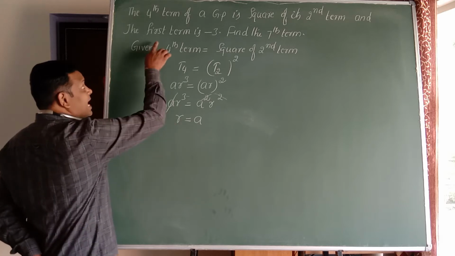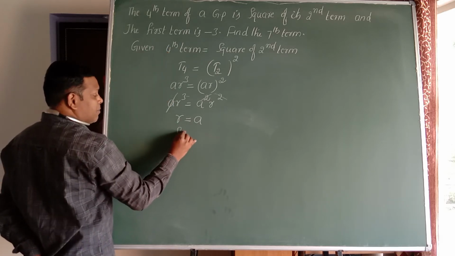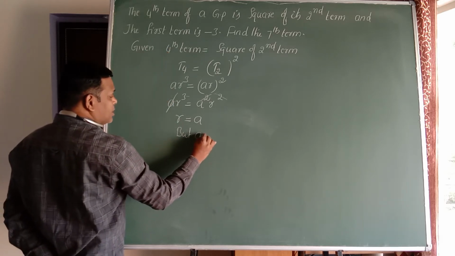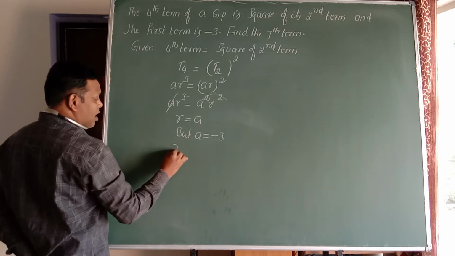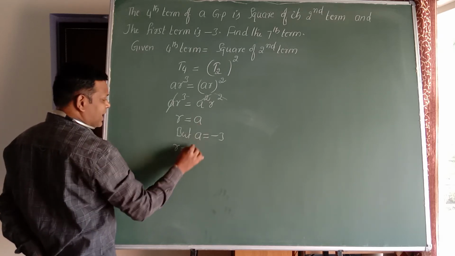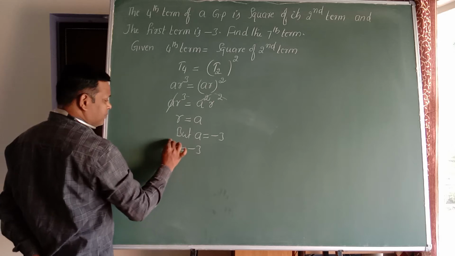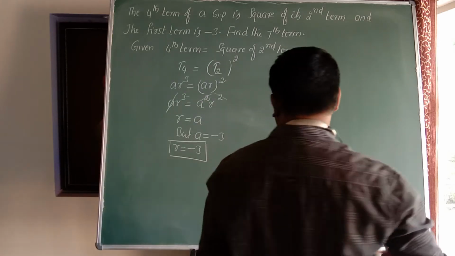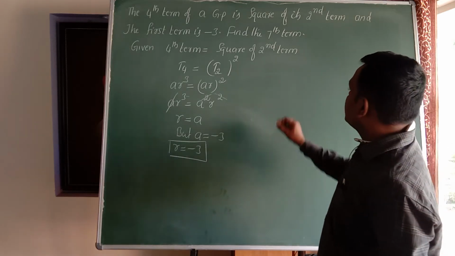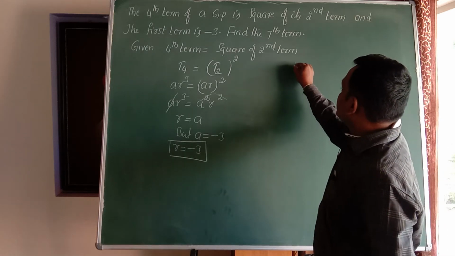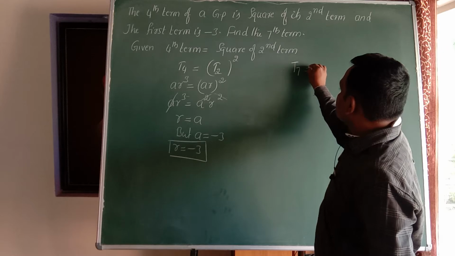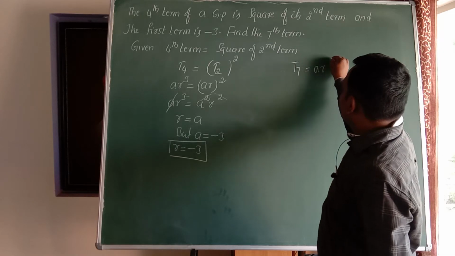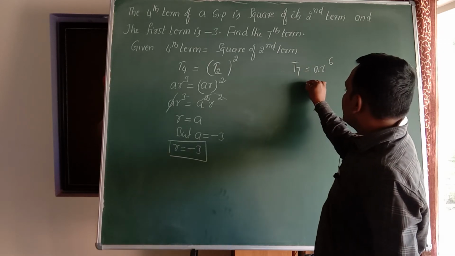But A is equal to minus 3. Therefore r is equal to minus 3. So the remaining thing we have to find is the 7th term. T7 is equal to A into r power 6. What is A here?